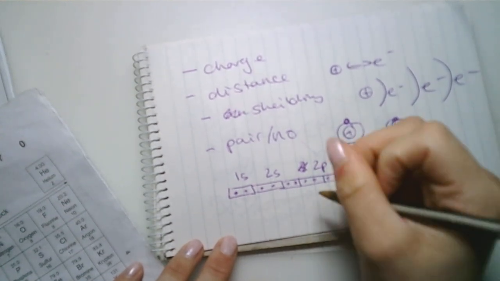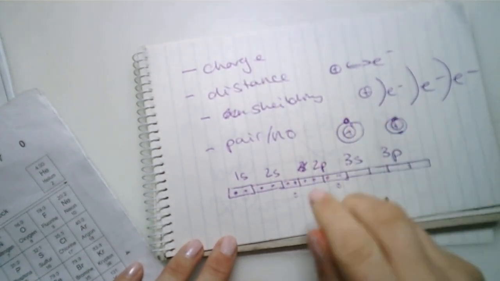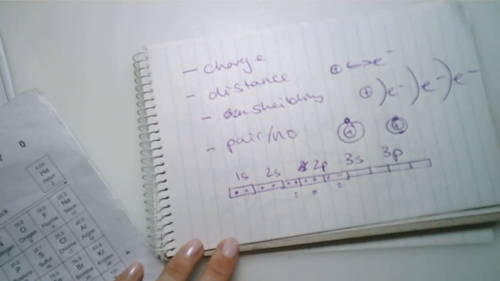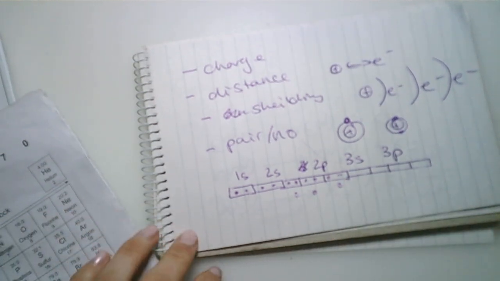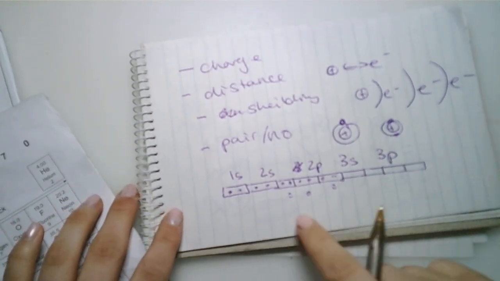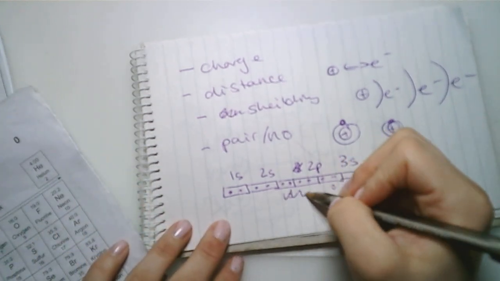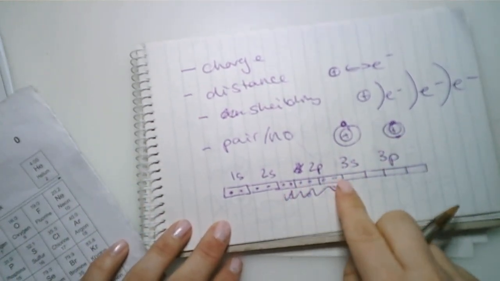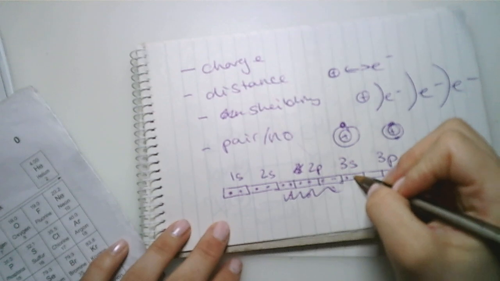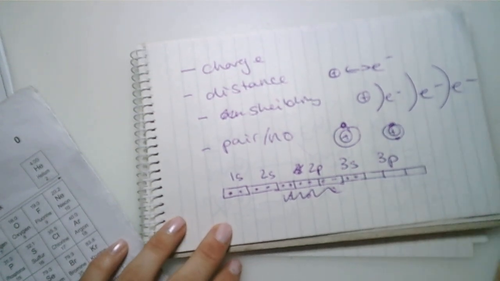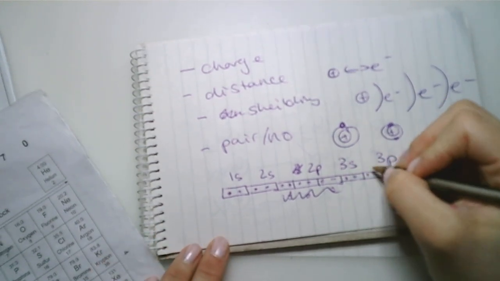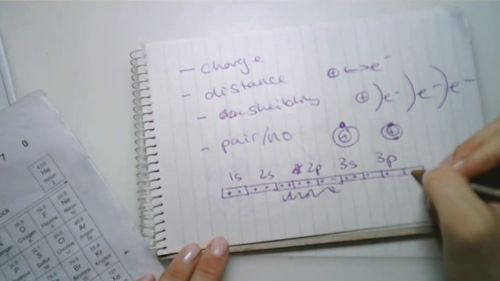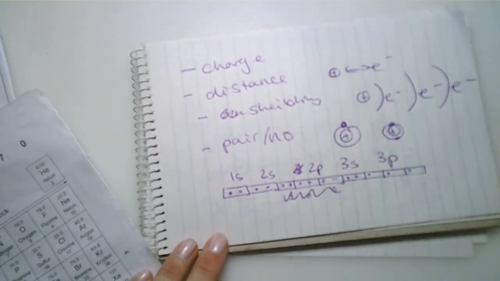So that's why they initially like just one electron in each subshell, because it causes less repulsion, so there's less energy required to be in that subshell, but then it starts to fill in more. And then in 3s you have 1, 2, and then the same applies for 3p. So that would be aluminium, silicon, and that would be phosphorus.